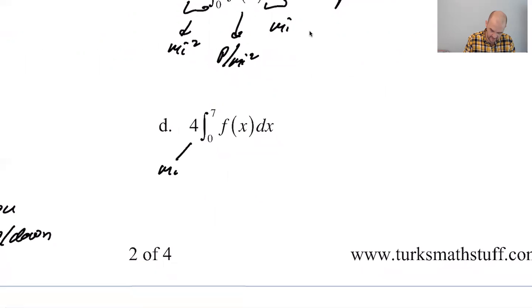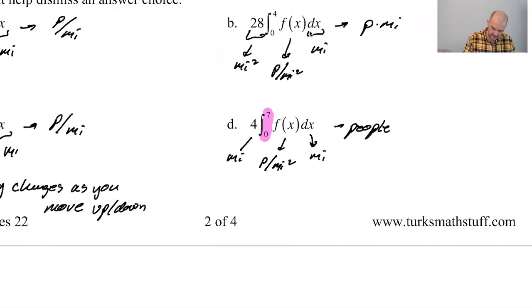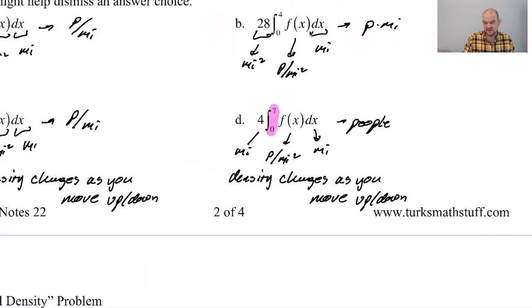This is miles, people per mile squared. This would give us people, but it suffers from the same problem as this one, where we're claiming that the density is changing as we move up and down instead of left to right.